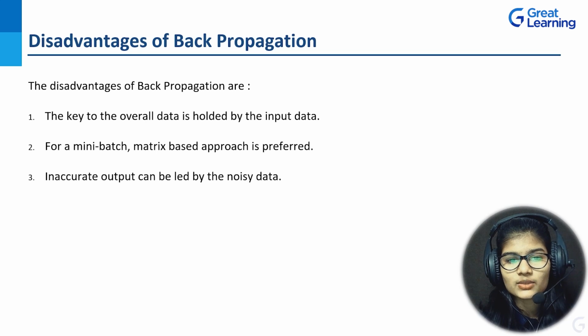Matrix based is one of the approaches we have here, so for mini batches the matrix based approach is completely preferred whenever you are dealing with mini batches in back propagation.